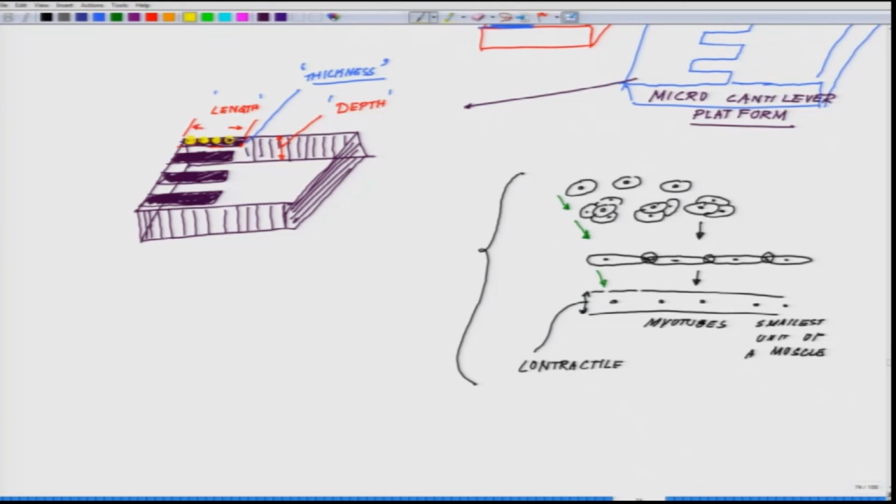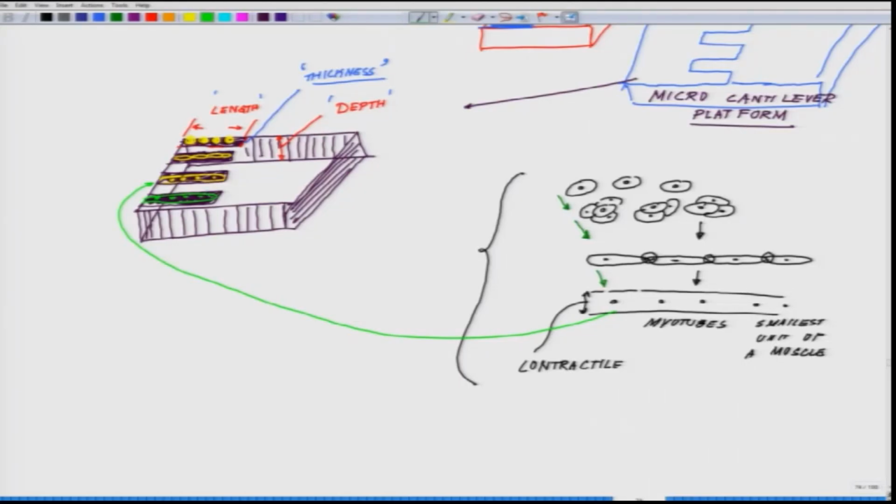The yellow ones show the cells, and these cells will divide and eventually form the myotubes. Or, in another example here, you have the myotubes getting formed.